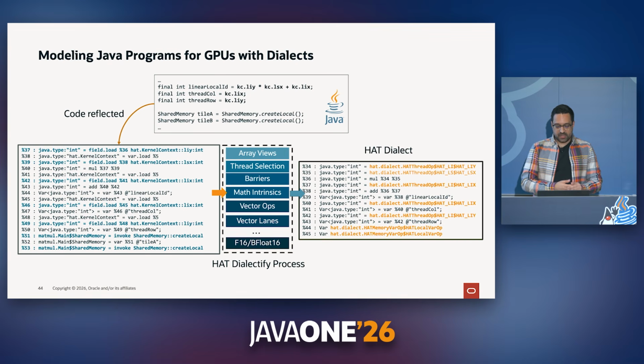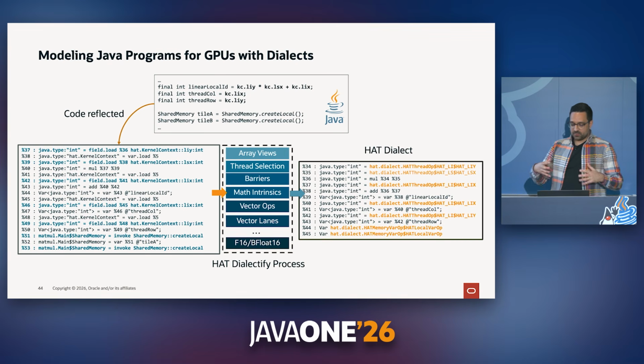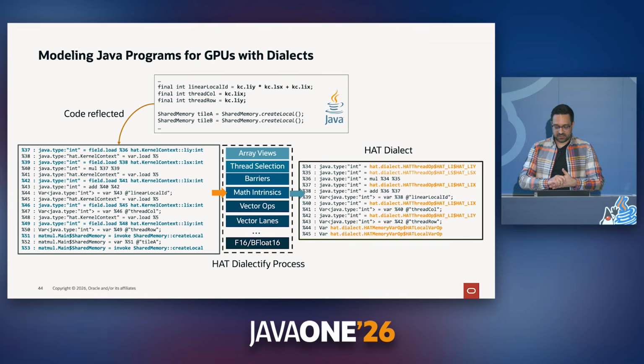Right, so with the dialect, this is the internal process. On the top, we have the Java application written with HAT, and this application is using local indexes, for example. It's called KC, so kernel context. liy is the local index in the y dimension, and lsx is the local index in the x dimension.